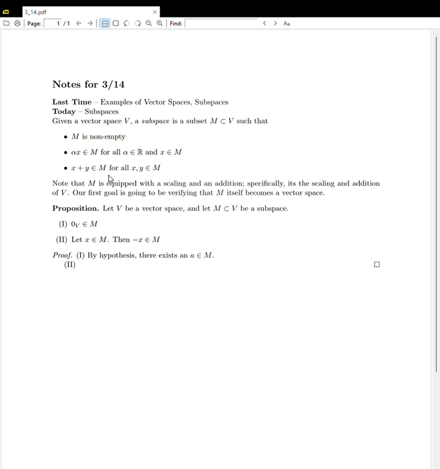All right, well, I want to show that the additive identity belongs to the set. Now, how can I get this in the set? Well, one of my hypotheses is that I'm closed under scaling and I'm closed under adding. Okay, well, I only have one element. I don't have multiple elements here, so I probably am going to have to use the scaling assumption. And indeed, there's a really slick way of proving this.